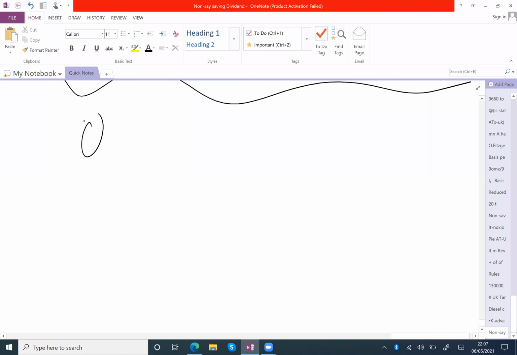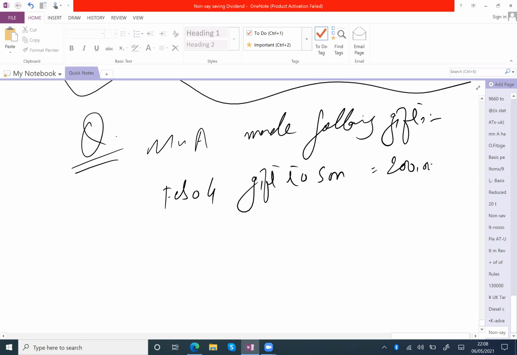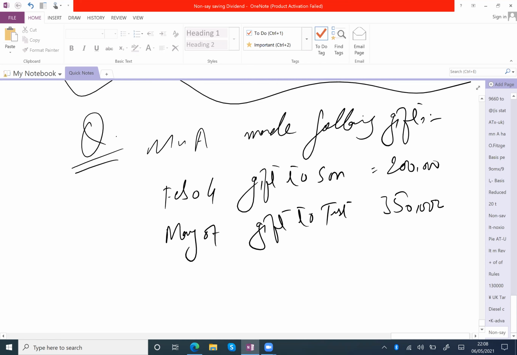So the question on fall in value relief is: Mr. A made the following gifts. In February 04, a gift to his son worth 200,000, and in May 07, a gift to a trust worth 350,000.